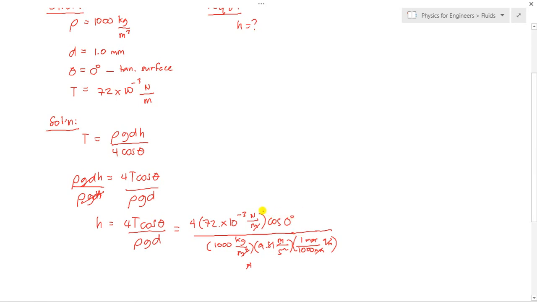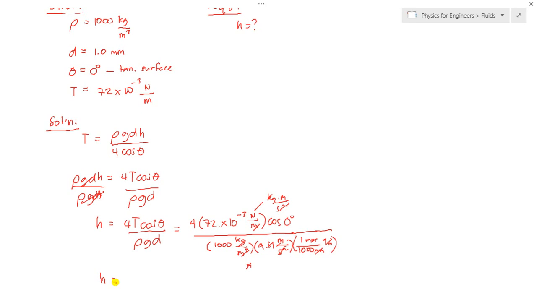The Newton is in kilogram meter per second squared. So kilogram cancels, second squared cancels second squared, therefore meter. So the dimension of our height is in meter. Then simplify: 4 times 72 times 10 to the power of negative 3 multiplied by cosine of 0, which is automatically 1, class, then multiplied by 1000 times 9.81 times 1 all over 1000.